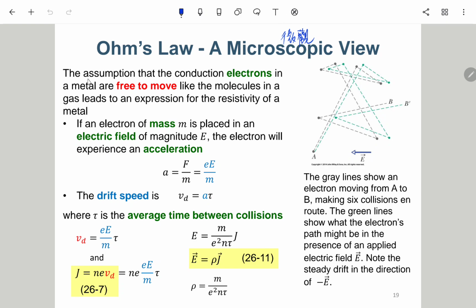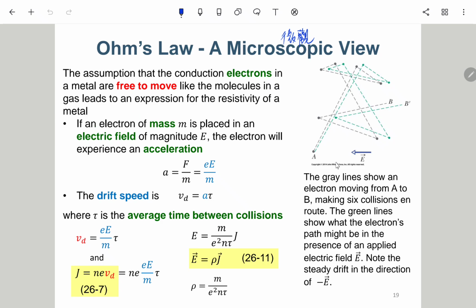Okay, so here it says the assumption that the conduction electrons in a material are free to move, like the molecules in a gas, leads to an expression for the resistivity of a material, of a metal.